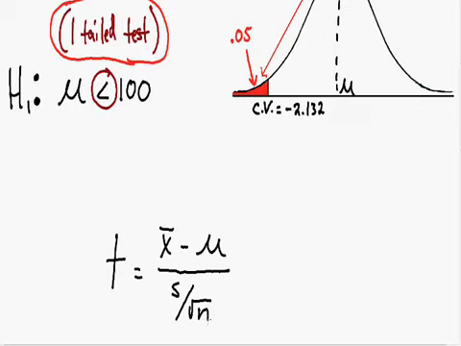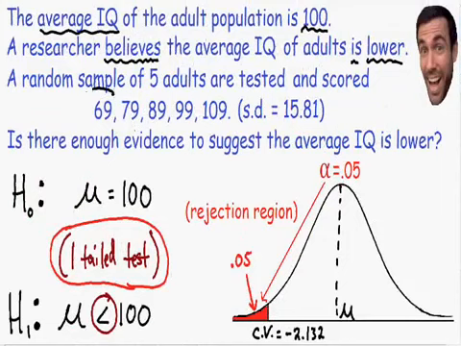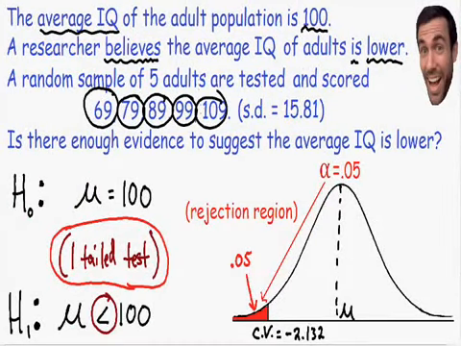Notice how the formula for the test statistic t is almost identical if we're using a z-test as well. So let's plug everything into our formula. First we'll start with x bar, the average of the sample. We know the average of the sample can be found just by adding all 5 of these test scores and then dividing by 5.